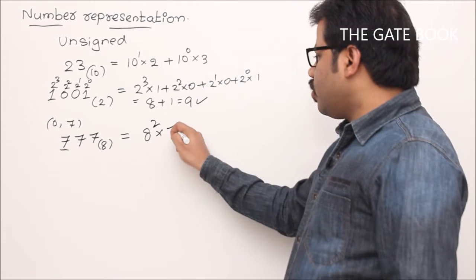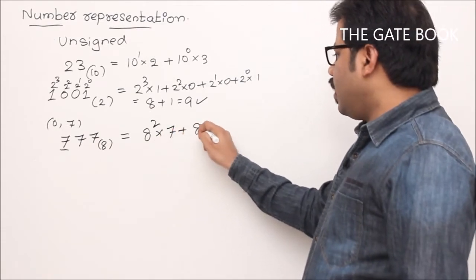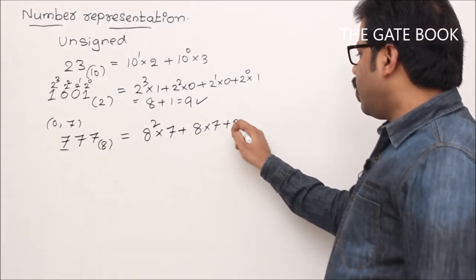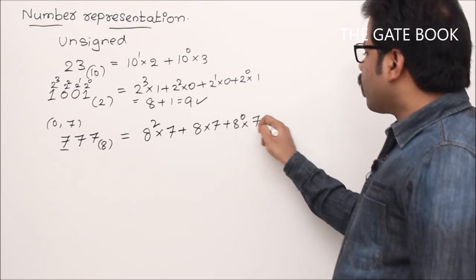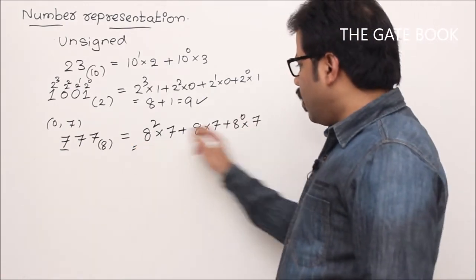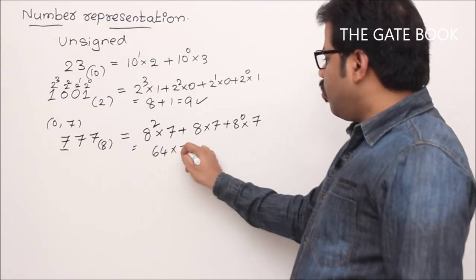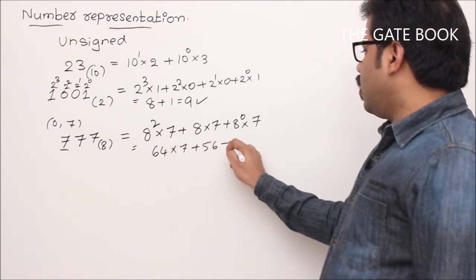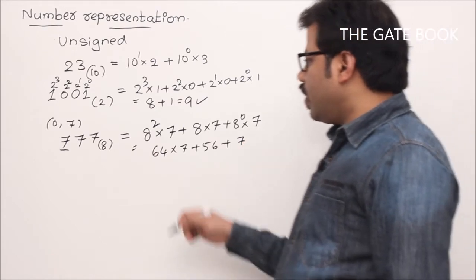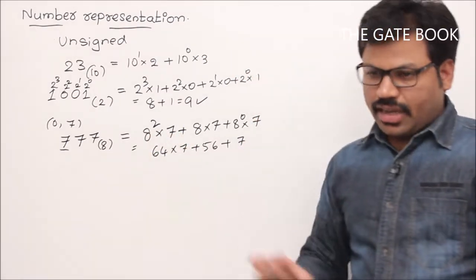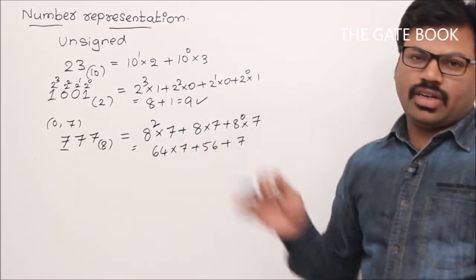So 8 square into 7 plus 8 into 7 plus 8 power 0 into 7 is the conversion. This will be the decimal value. It would be 64 into 7, whatever it is, plus 56 plus 7. In that way, we can convert any representation to decimal, right?